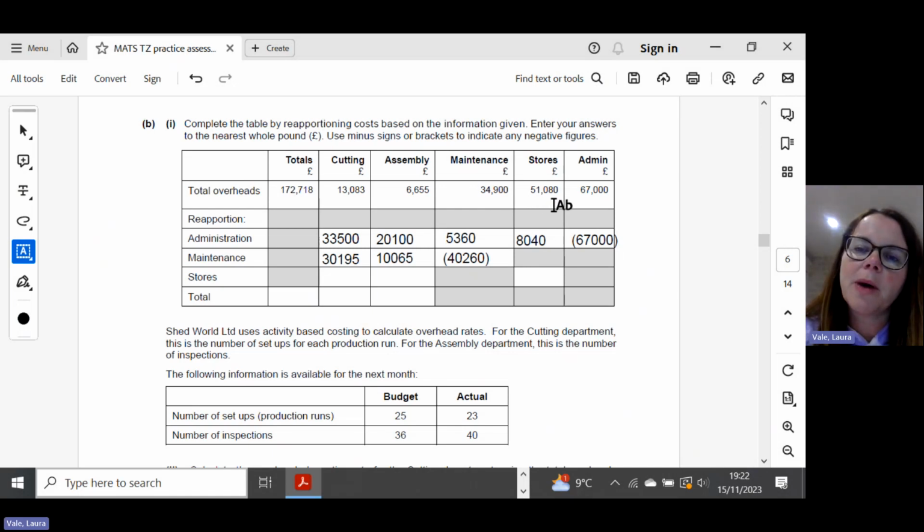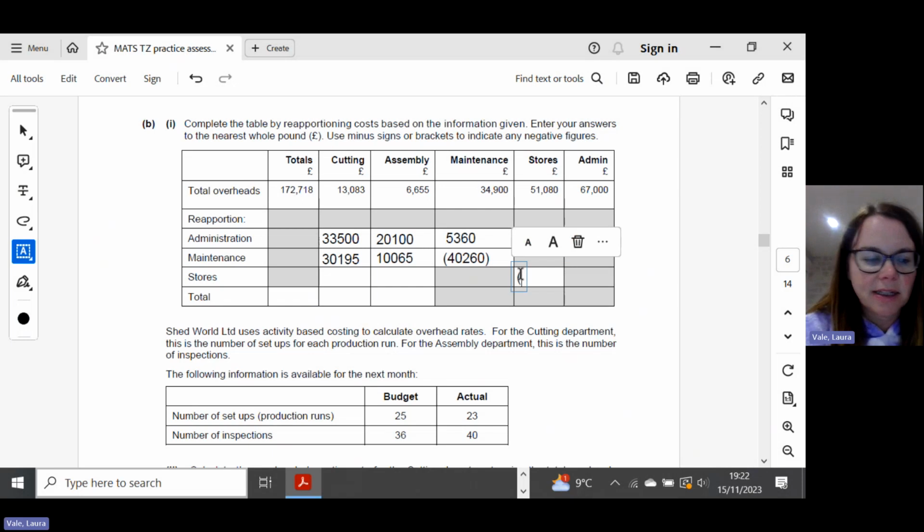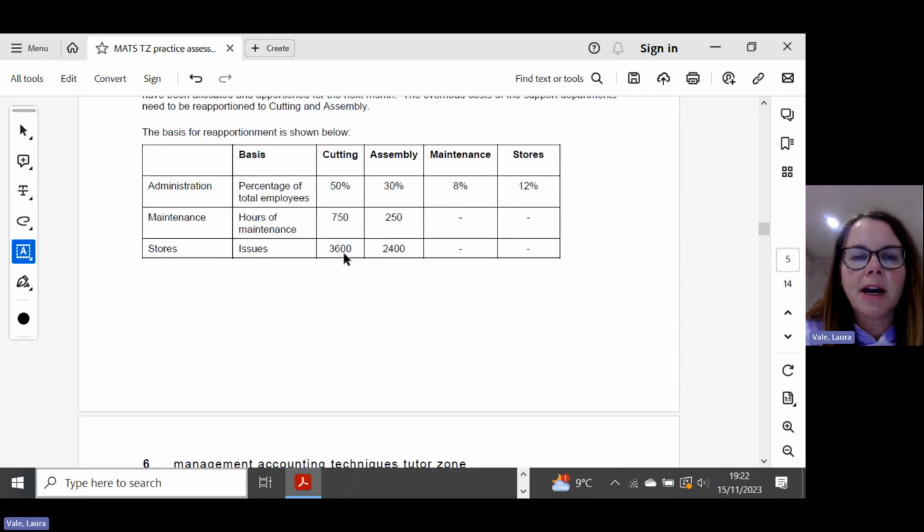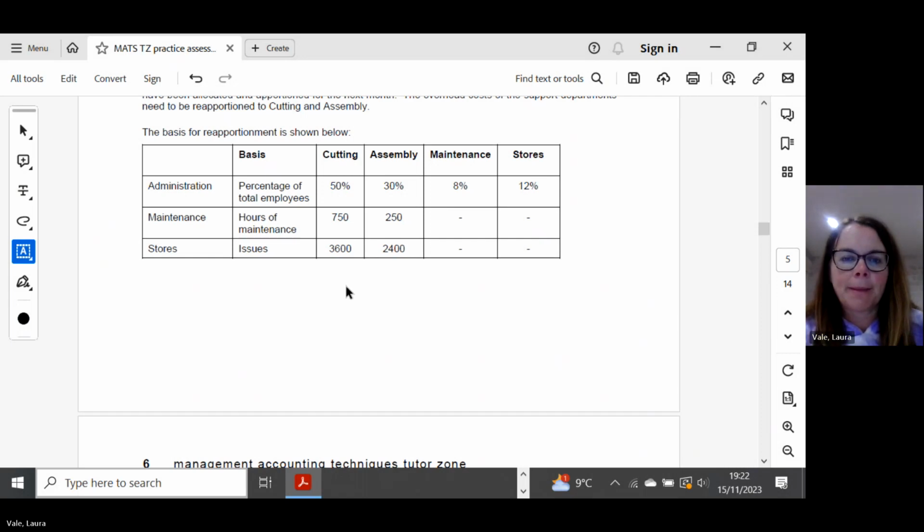So we've got 51,080 plus 8,040. That gives me a total to subtract of 59,120. That's going to be reapportioned. So what we're doing for the stores is adding these two numbers together, which comes to 6,000.